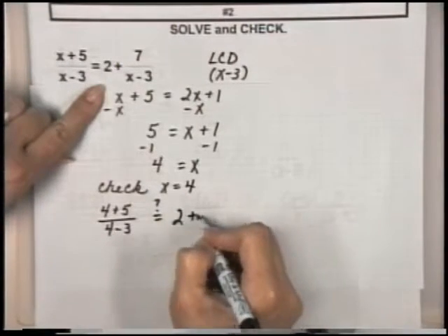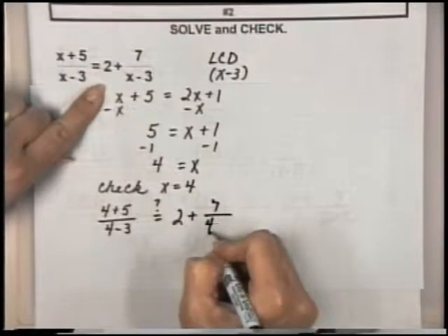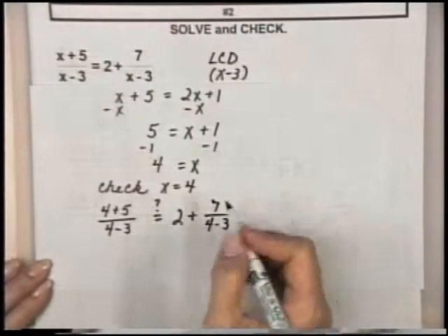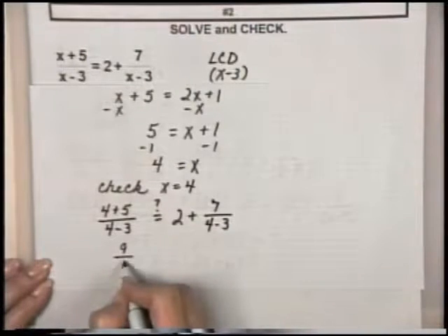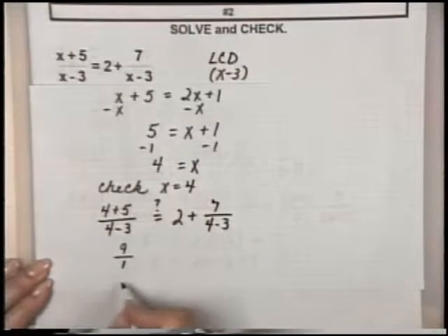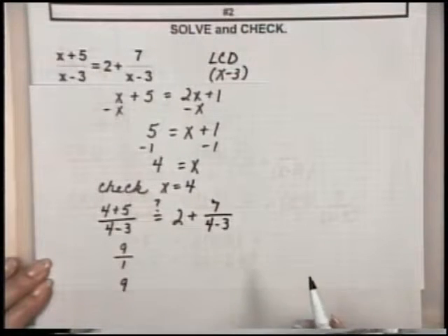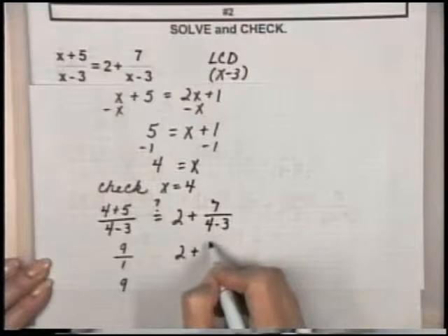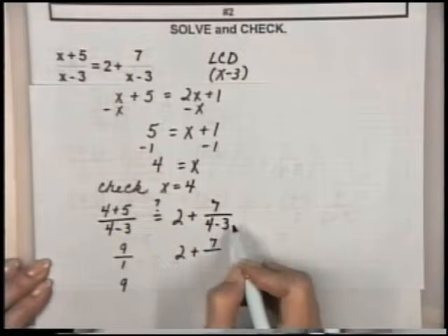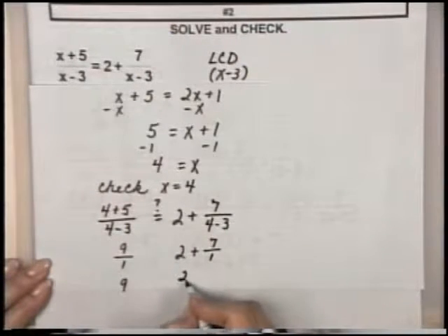Does that equal 2 plus 7 over 4 subtract 3? 4 plus 5 is 9. 4 subtract 3 is 1. 9 divided by 1 is 9. On the other side of the equation, I have 2 plus 7 over 4 subtract 3, which is 1.